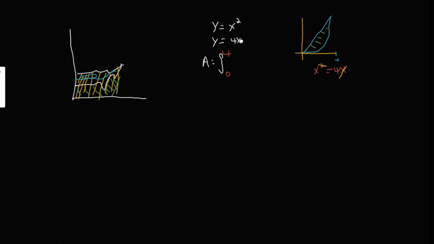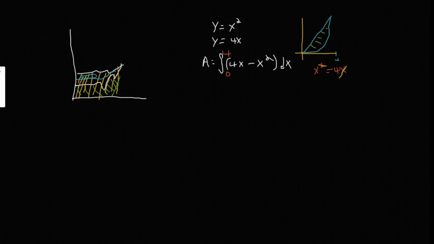So this top curve is 4x. So we're going to say 4x, and then minus the lower curve, which is x squared. And then we're going to integrate with respect to x, so we're just going to write dx. Top minus bottom.